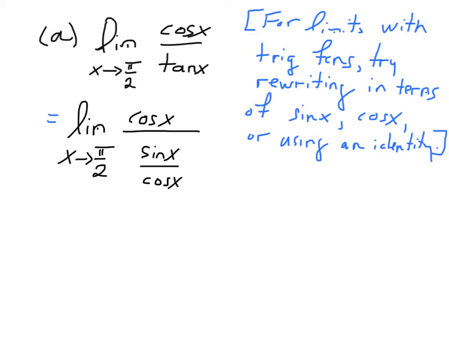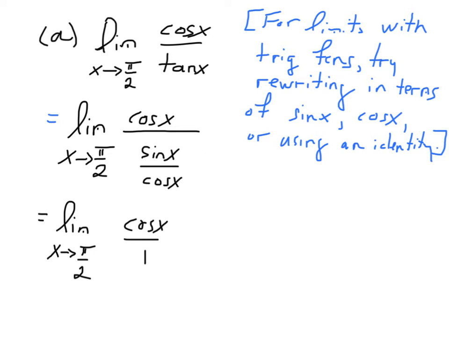Now we can rewrite this to clean it up: we have cos x, which we can write as cosine of x divided by 1, and this is all divided by the sine of x over cosine of x.